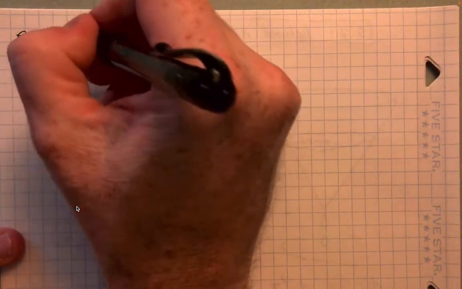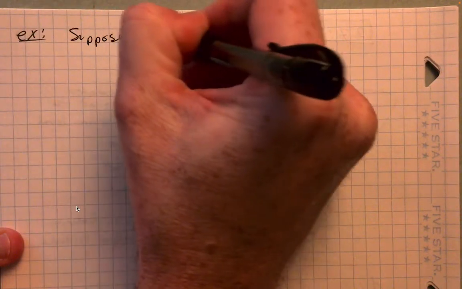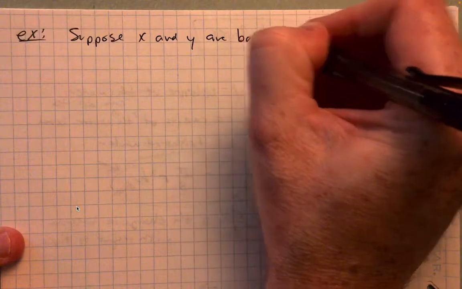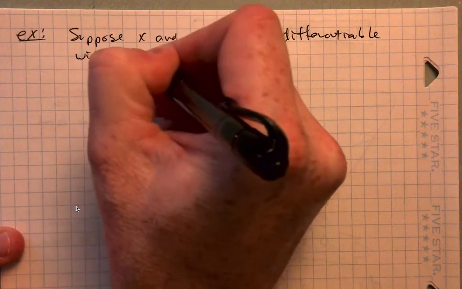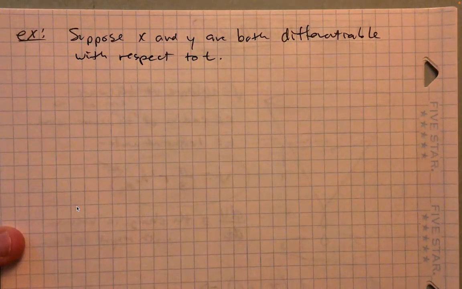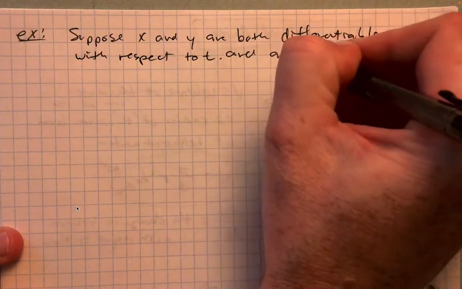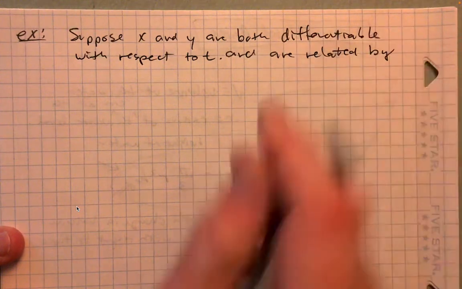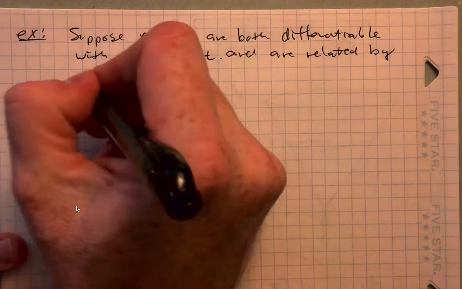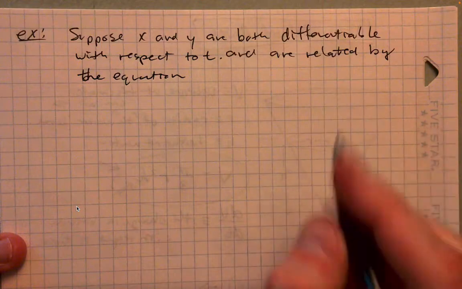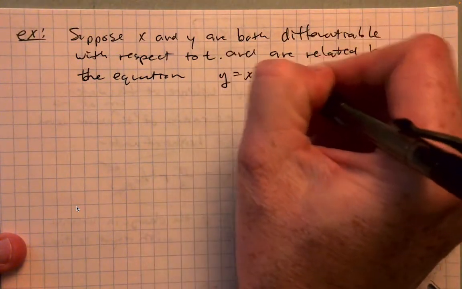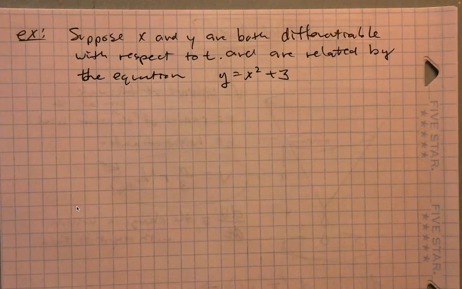Suppose x and y are both differentiable with respect to t, and are related, so these two quantities are related by the equation y equals x squared plus 3. Okay, let's find dy/dt.